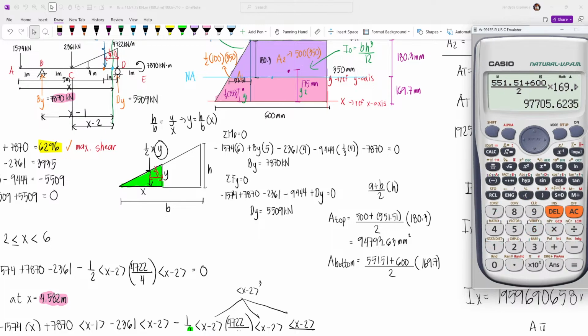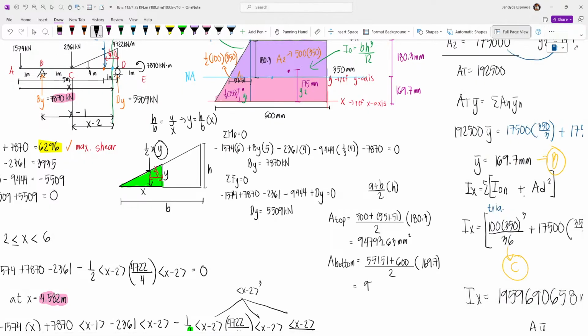The answer we get is 97705.6235 mm squared.